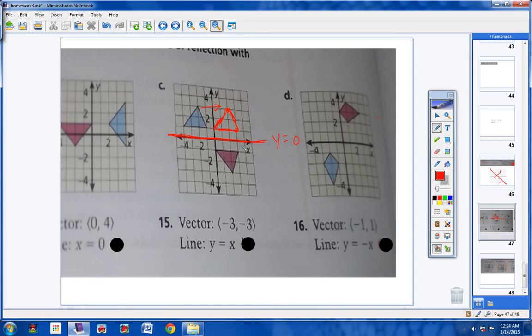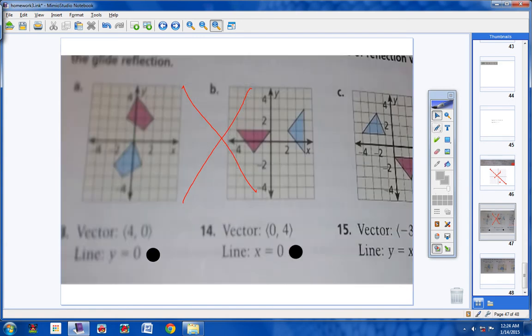If you took this piece of paper and folded it right here, this triangle here would land on top of this triangle here. So letter C is the answer to number 13. Letter C, okay? So C has been used. We'll cross it off. And the answer would be letter C, okay?